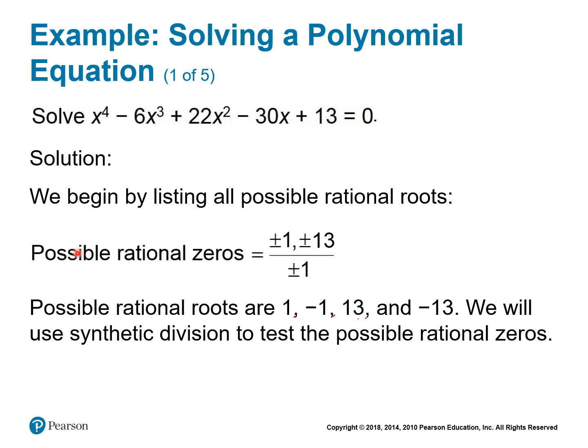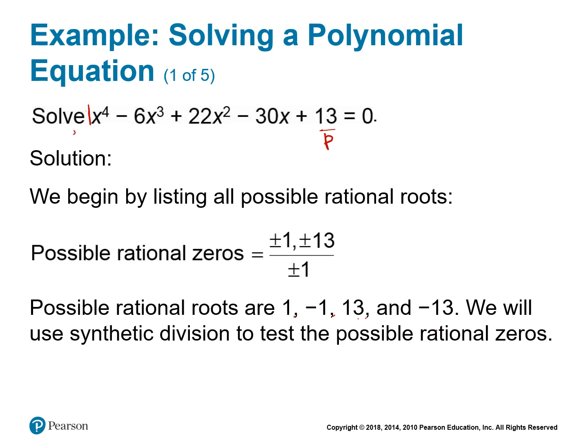Again, we start with the possible rational zeros to narrow down the possible zeros of a polynomial, and we use the P over Q process. P is going to be the coefficient of the last term of the ordered polynomial, and Q is going to be the coefficient of the first term.